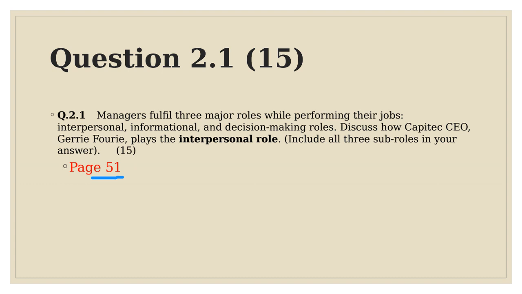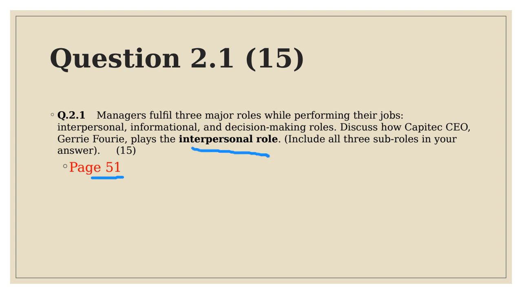So the theory says that managers have 3 major roles. Remember, if you've gone up to this point in your theory, we've got the interpersonal role, the information role, and the decision-making role. So we've got 3 roles that we're looking at, and we are focusing only on the interpersonal role.